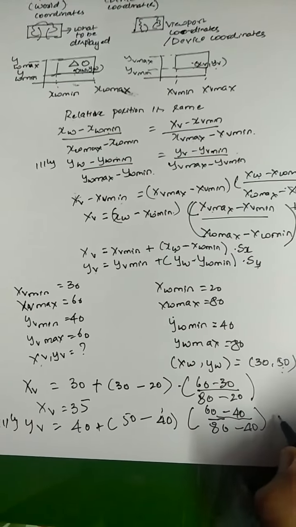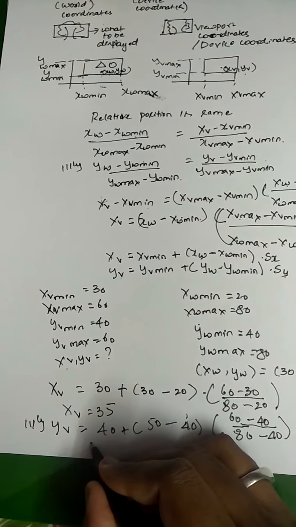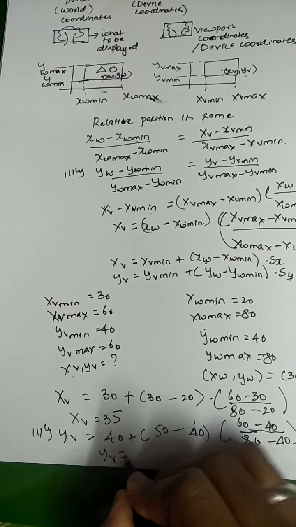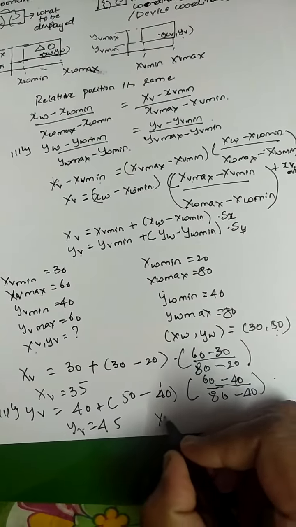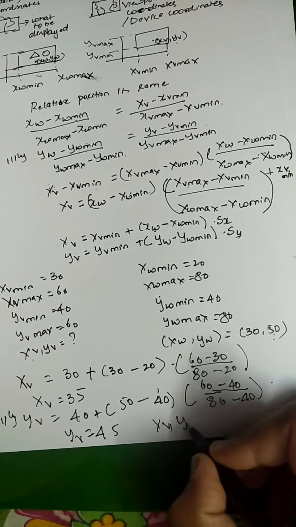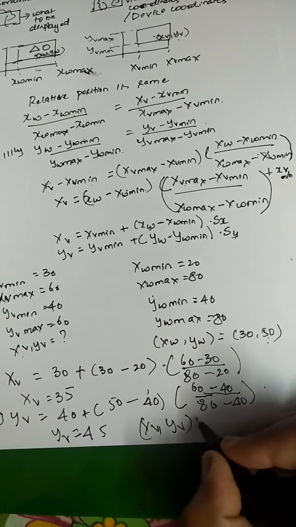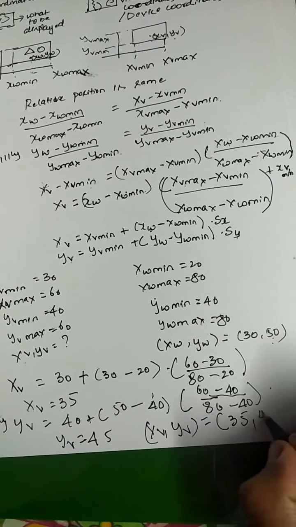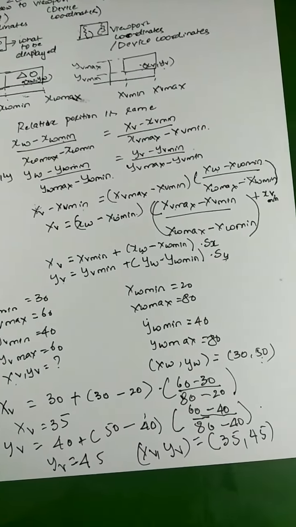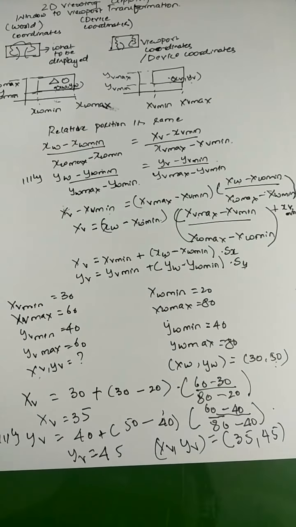Solving this, I will get YV as 45. So my XV and YV will be 35 and 45. Is it clear?